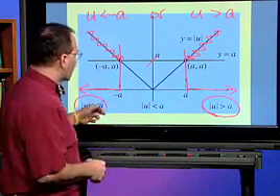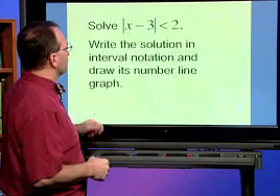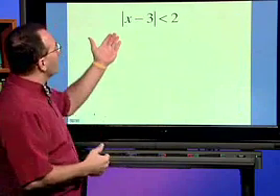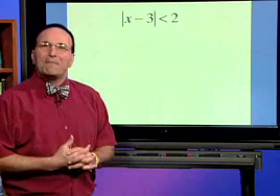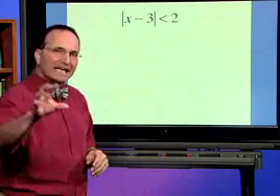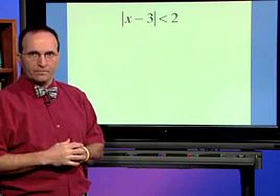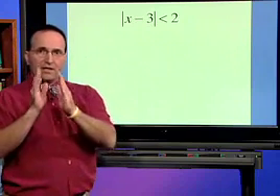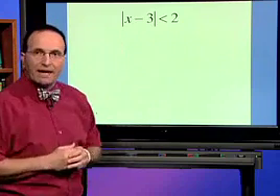Well, let's take a look at an example, which is to solve the absolute value of x minus 3 is less than 2. So, in this case, it's like U has been replaced with x minus 3.